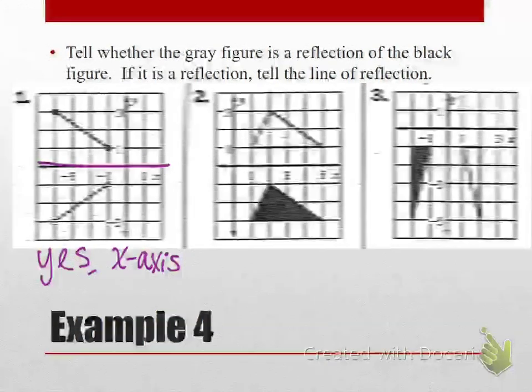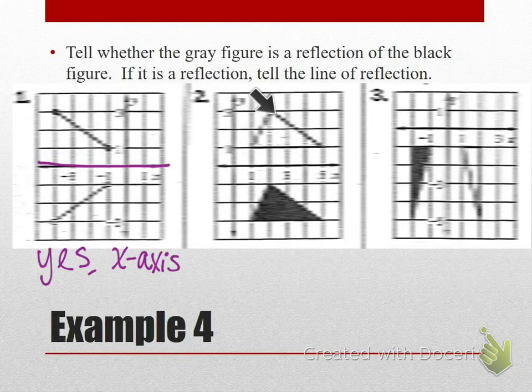It's a slide. That's what we were looking at yesterday. If this was a reflection, then this top pointy part should have flipped down, or if it started down, should flip up. So this one is no. The orientation didn't reverse on that one. If the answer is no, you don't identify a line of reflection. It's not a reflection. There is no line of reflection.